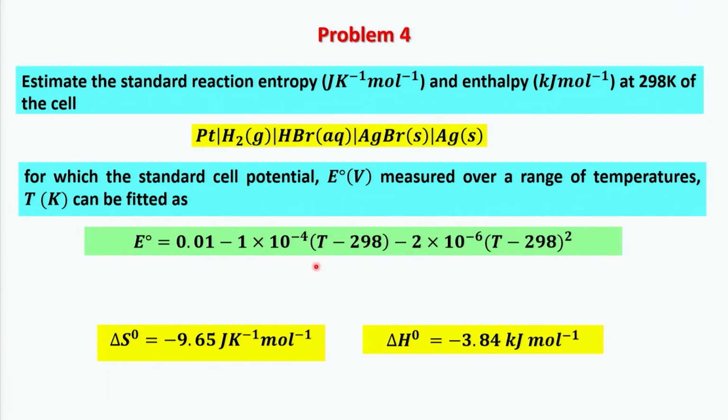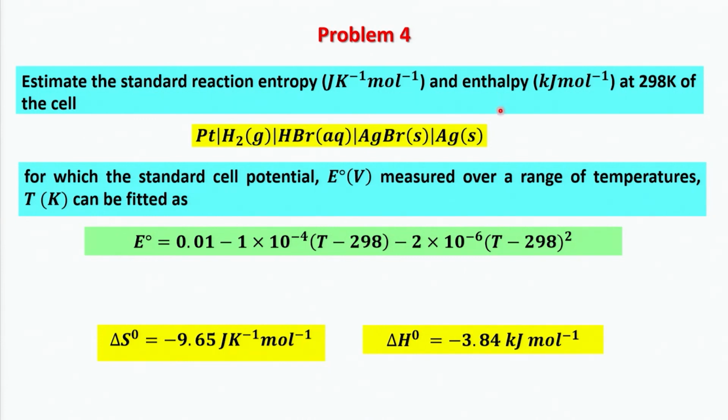Now, moving ahead, what we have found out is that the measurement was done by preparing the electrochemical cell and then maintaining it at different temperatures. Then at every temperature, the standard cell potential was measured. Once that was measured, a fitting equation was used to describe the temperature dependence of E naught, and this is the equation that has been given to you. Now, when you know this, you were asked to find out the standard reaction entropy and the standard reaction enthalpy at a given temperature.